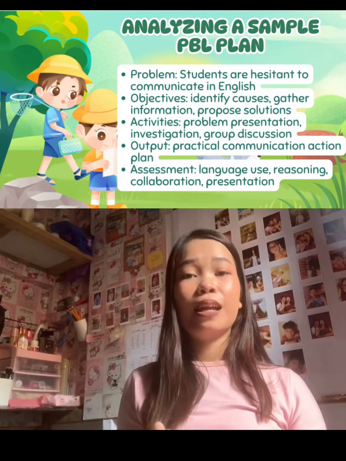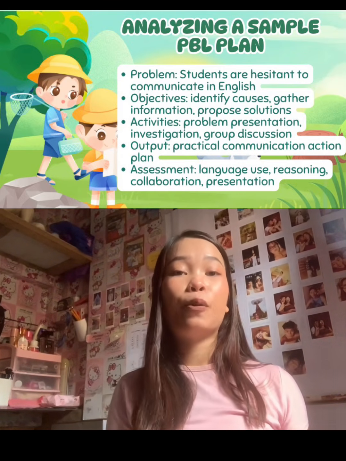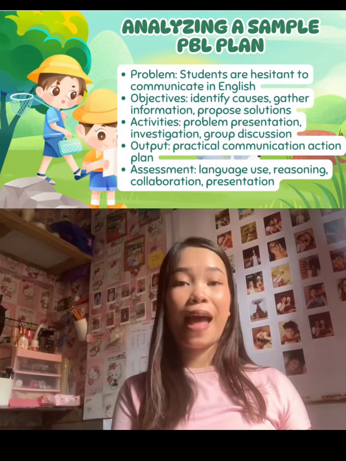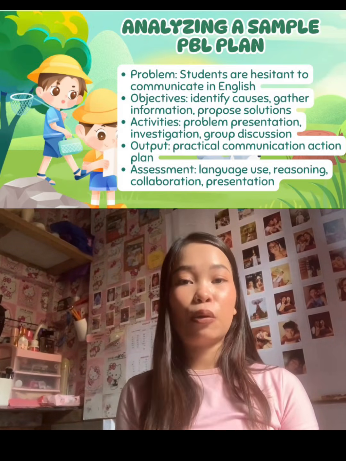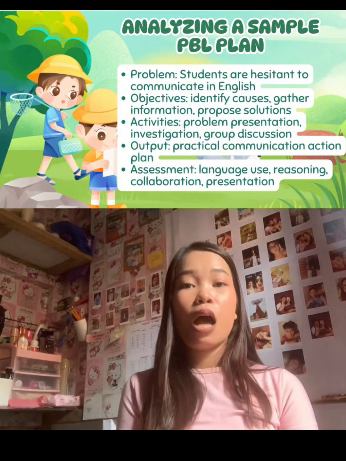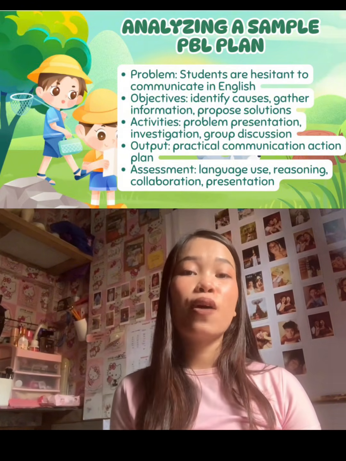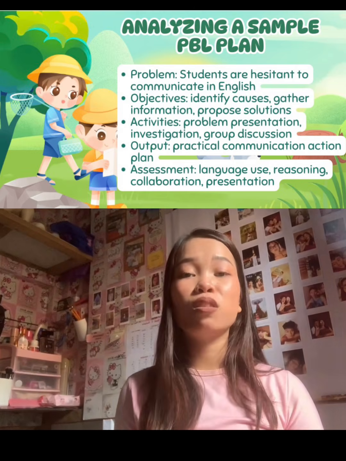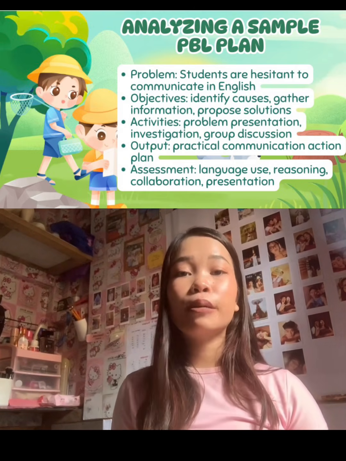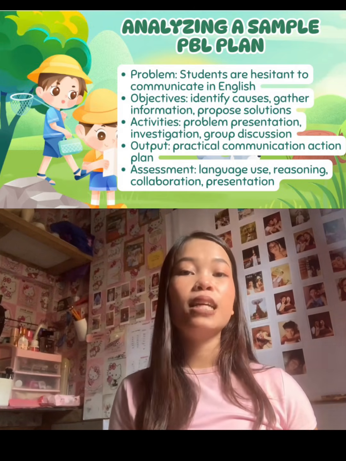Now, let us analyze a sample problem-based learning plan. The problem is that some students are hesitant to communicate in English. The objectives are for students to identify possible causes, gather information, and propose solutions. The activities begin with presenting the problem.